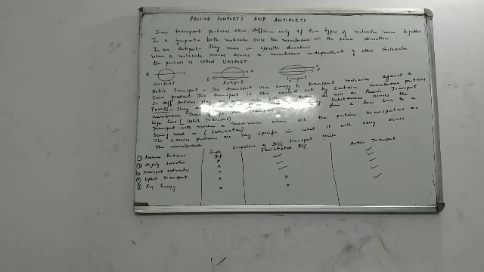Then finally we compared simple diffusion, facilitated diffusion and active transport in terms of whether they require proteins, whether they are highly selective, whether the transport saturates or not, whether it is an uphill transport, and whether they require energy. It's a very simple, very interesting part.